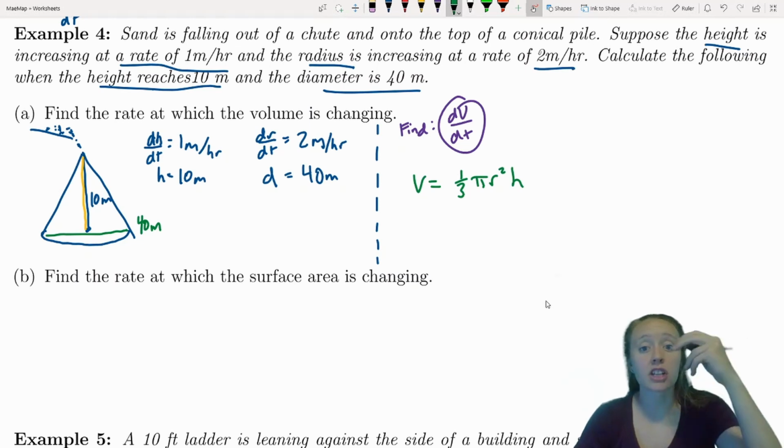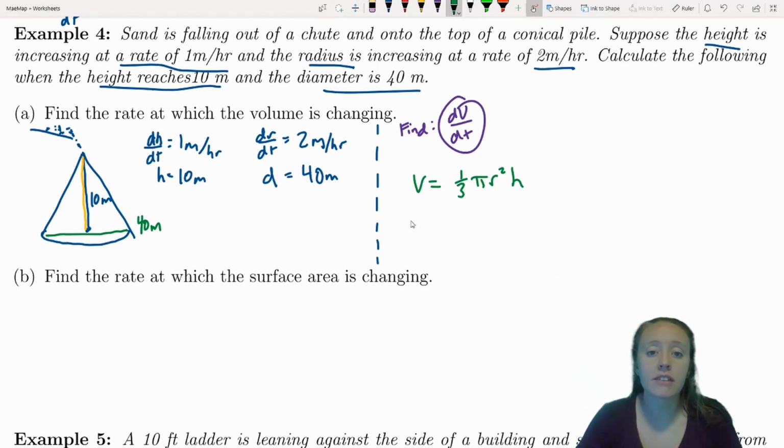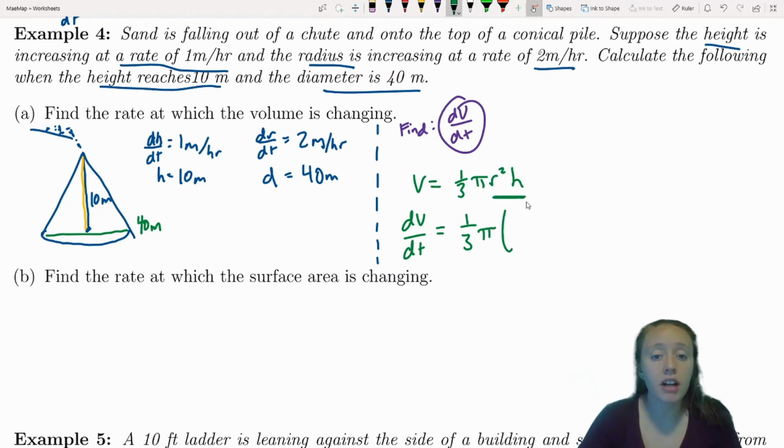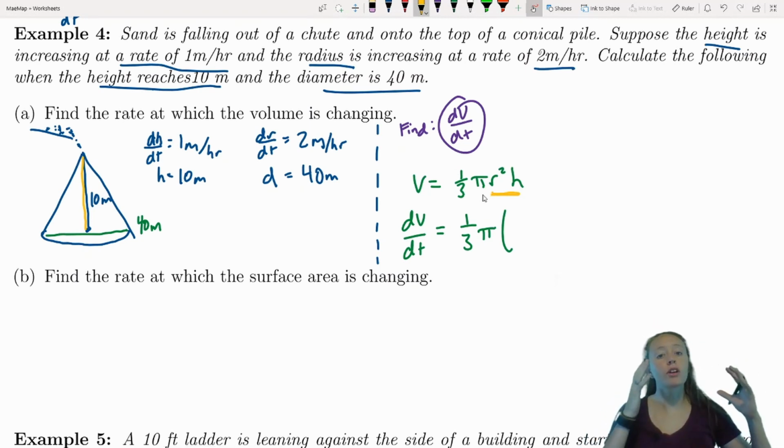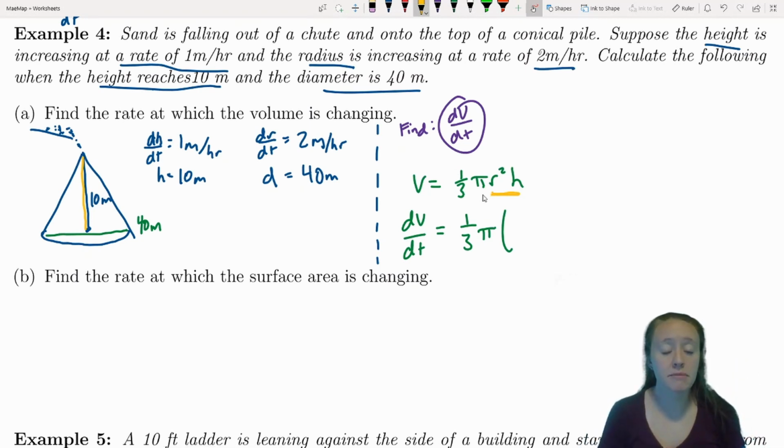So when I go to take the derivative of that, dV/dt, the derivative with respect to time, leaving my 1/3 pi out in front, I'm going to have the product rule between r squared and h because those are 2 separate functions of time. So I'm going to underline those so I know that I'm now doing the product rule. And I'm going to put parentheses around all of this because that 1/3 times pi is multiplied to the result of that product rule.